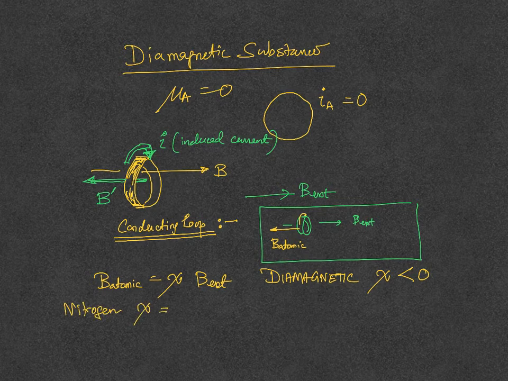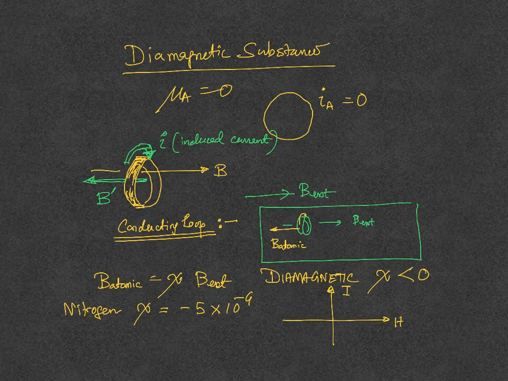It has a susceptibility of minus 5 times 10 to the power minus 4. If you draw the curve I versus H, which is the same as B atomic versus B external, this will be the graph, as the susceptibility is negative here. So that is all about diamagnetic substance.